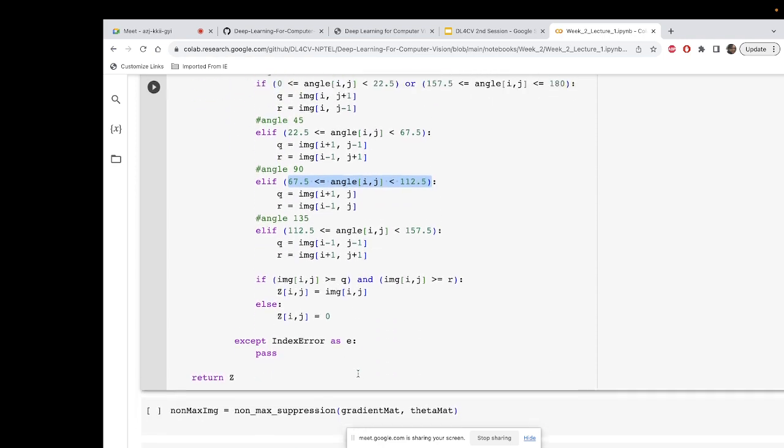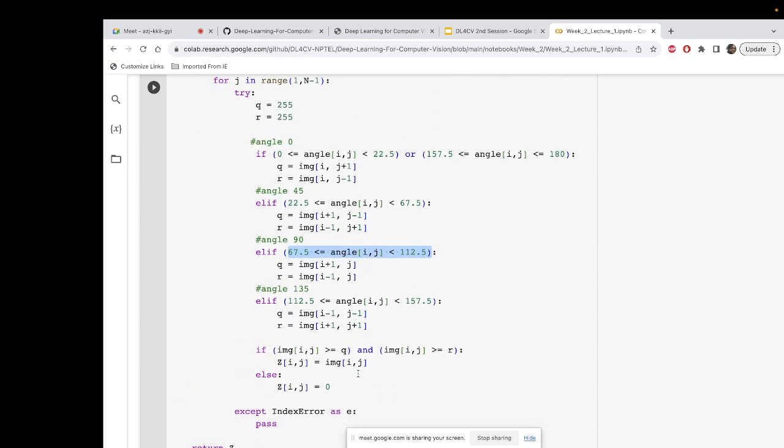All these buckets are there, and I have to see, based on my angle's value, which bucket I fall into. With 89 degrees, I will fall into this bucket.